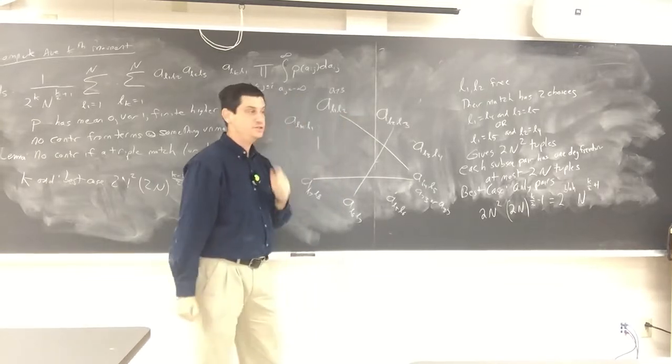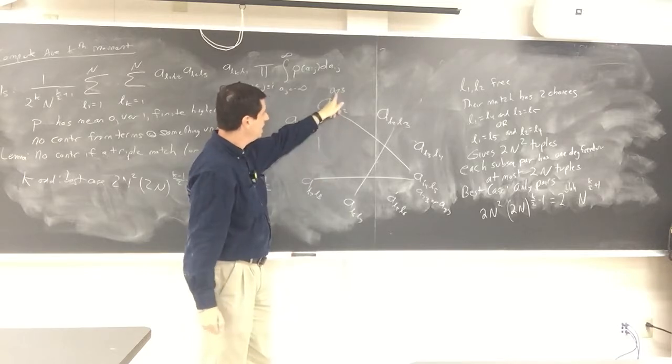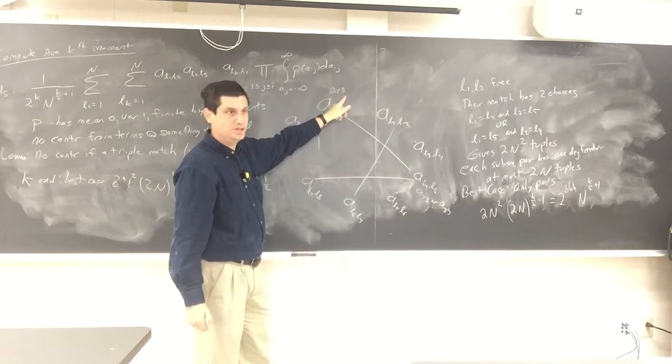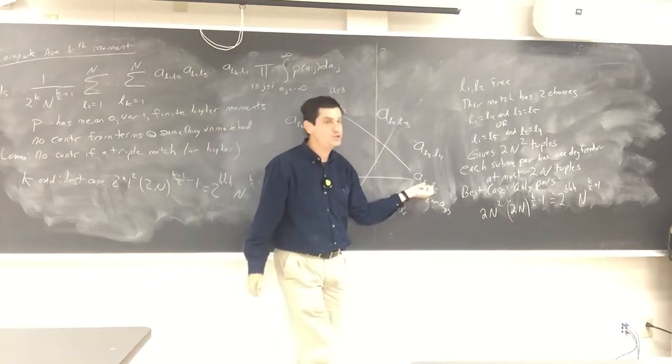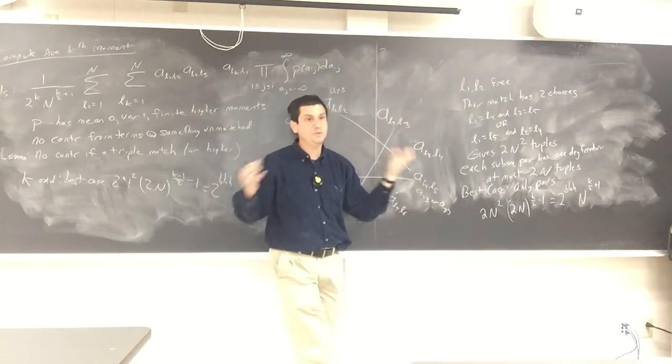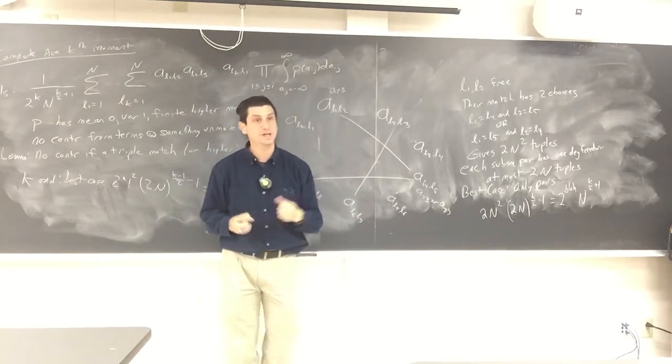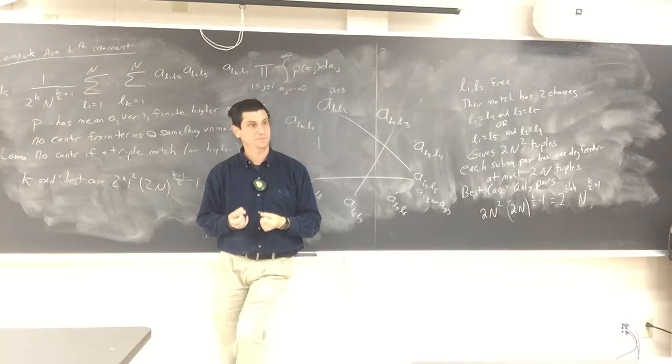I could actually have less than two choices. Imagine I chose A3, 3. Maybe I take L1 to equal L2. Well, then I would have only one choice down here. So the number of tuples from this first matching is at most 2n squared. It could be less, but it can't be more than 2n squared.